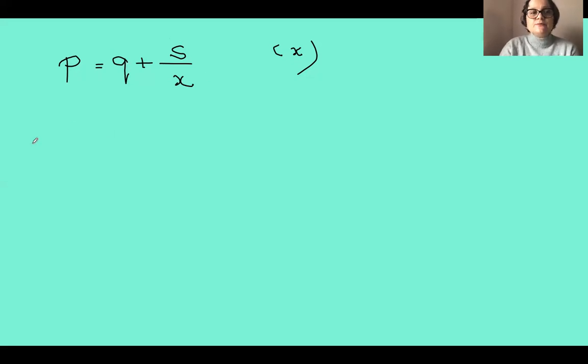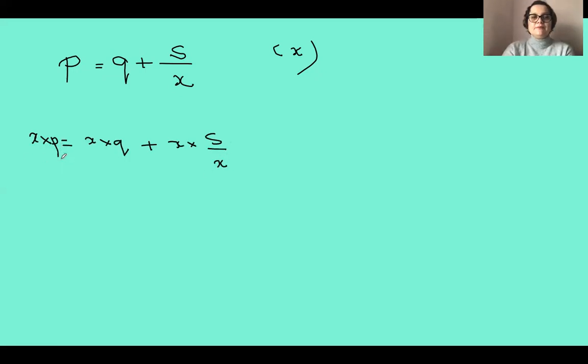Okay, so this is what the next step is going to look like. X times p equals x times q plus x times s over x. You see?